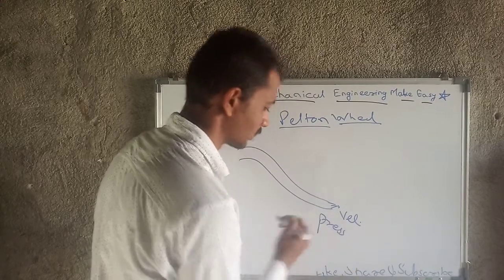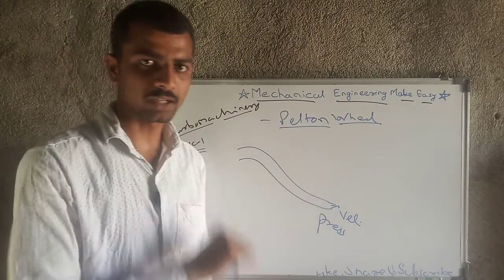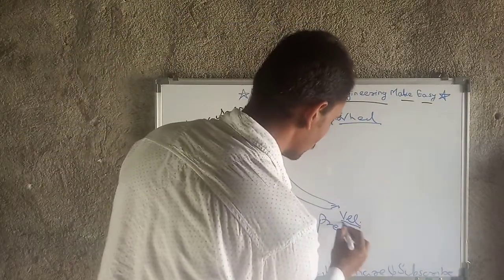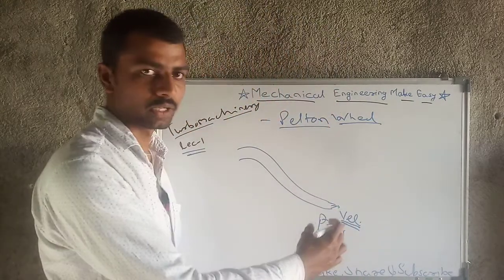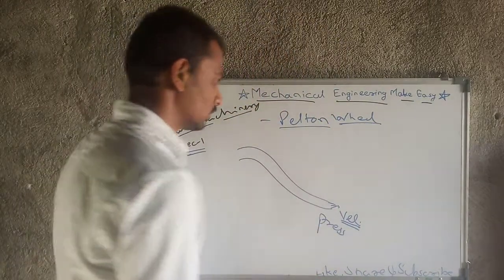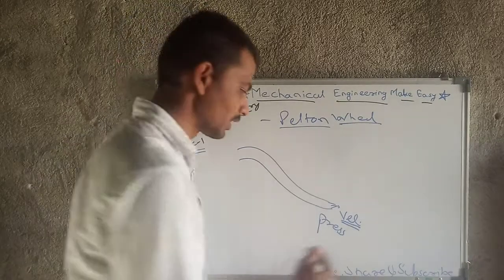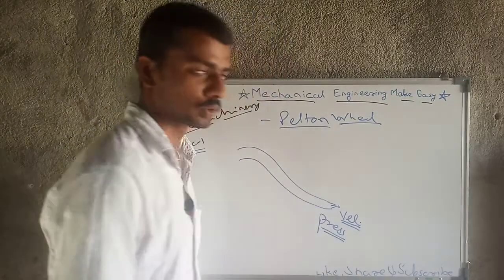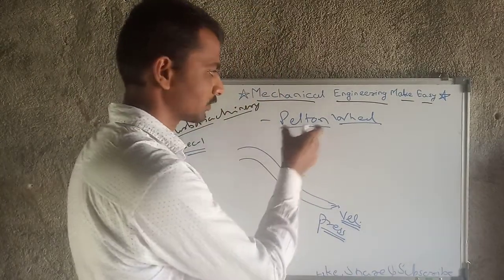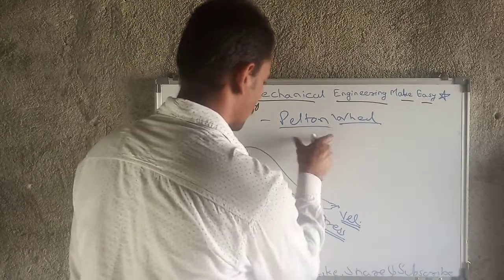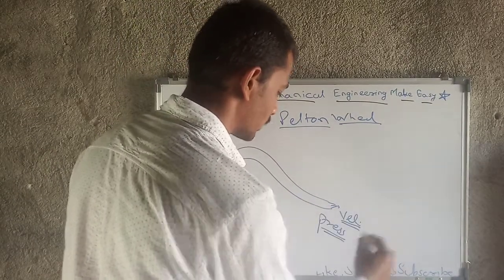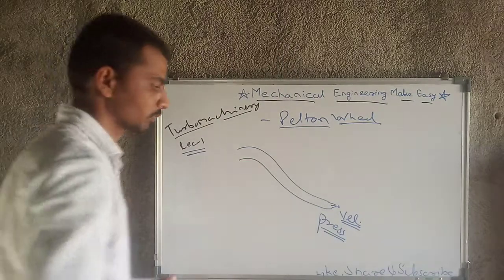The pressure of that water will be atmospheric pressure, and all the head will be converted into velocity head. In reaction turbines we also use the pressure head, but the Pelton wheel, being the simplest form of turbine, uses all velocity head, not any pressure head.